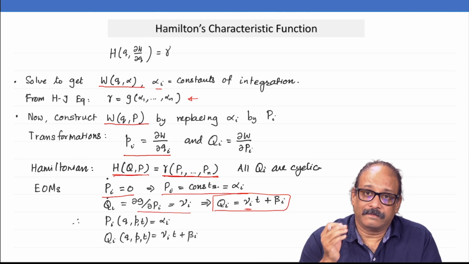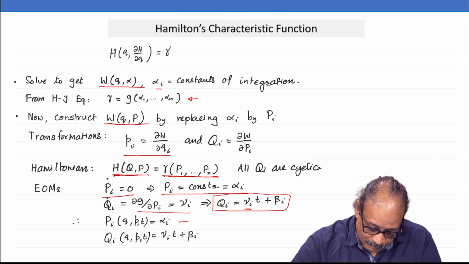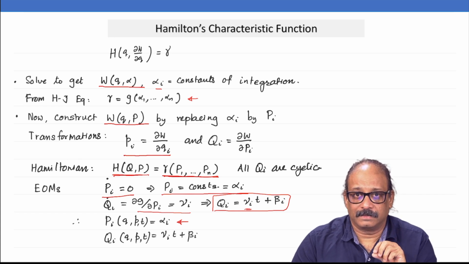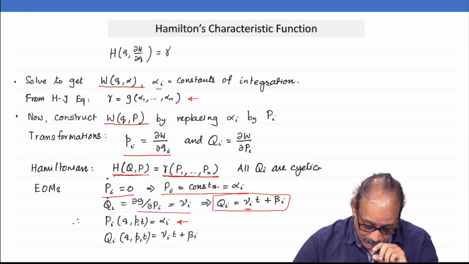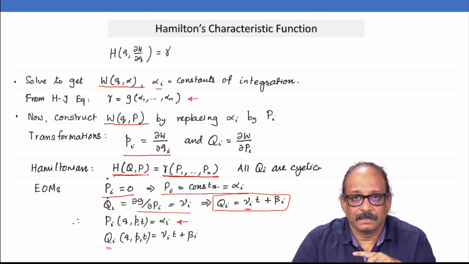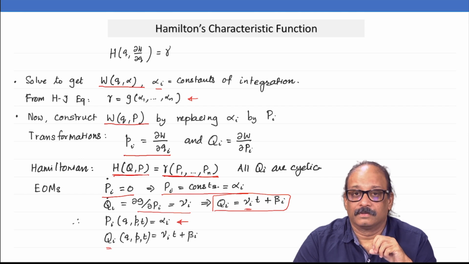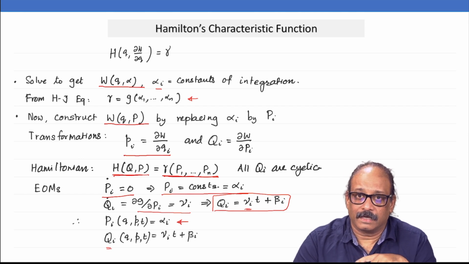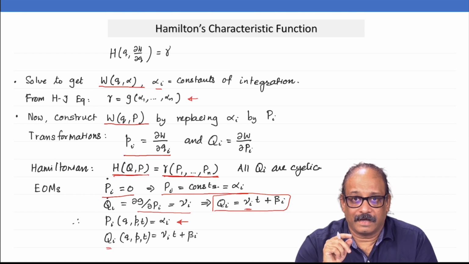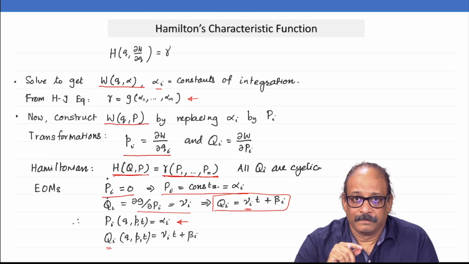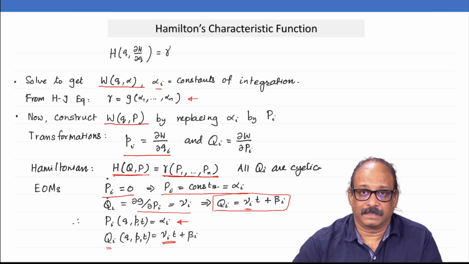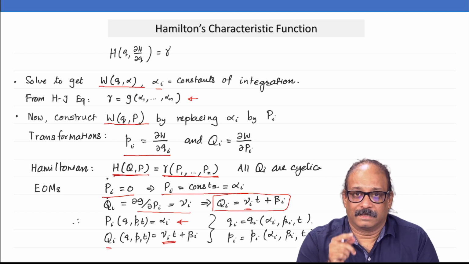Now, same thing, finally, I would know that capital P in terms of small q, small p and t must be constant, and I get Q I, which is also a function of small q, small p and t, and that must be equal to nu I times t plus beta I. And how do I solve this system? Finally, again I have to invert this. At t equal to 0, I can get the value of alpha I. At t equal to 0, this term will be 0 and I get the value of beta I. Invert this, I get the final solution.